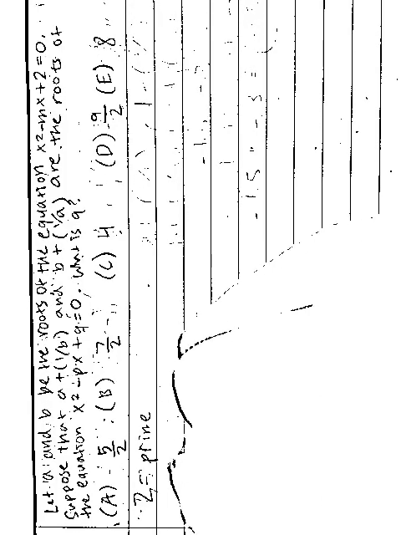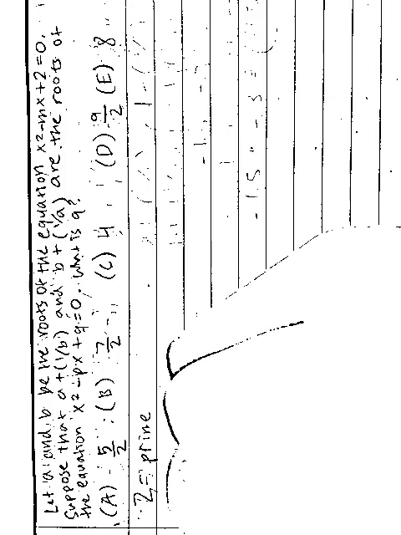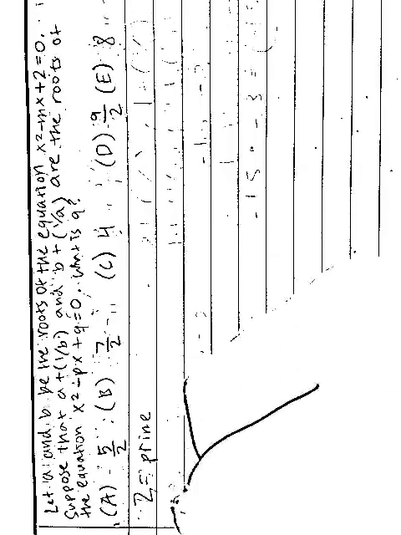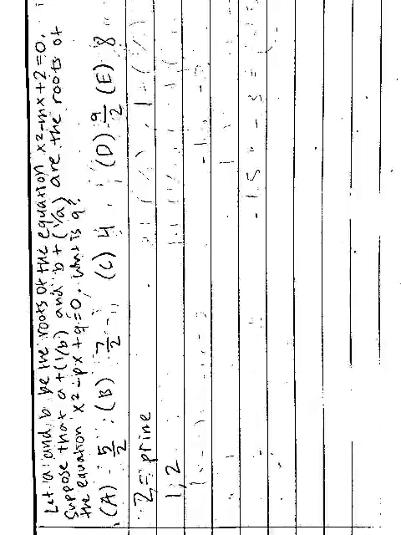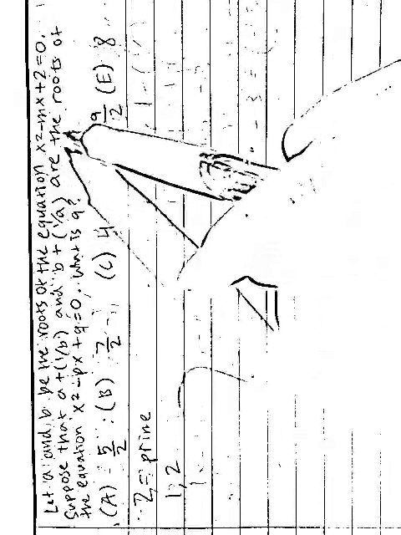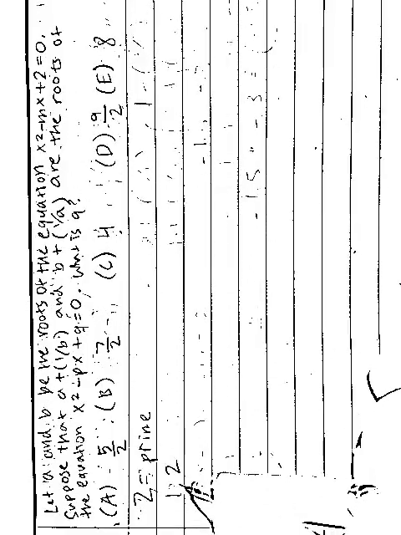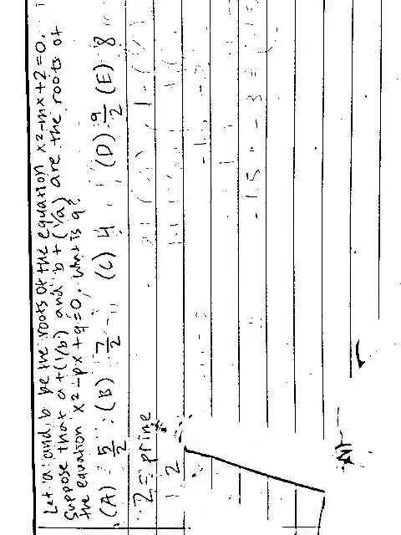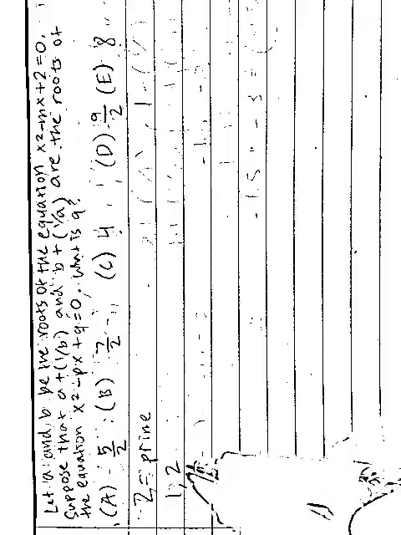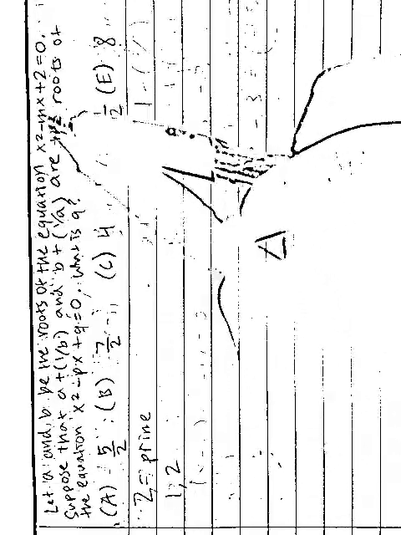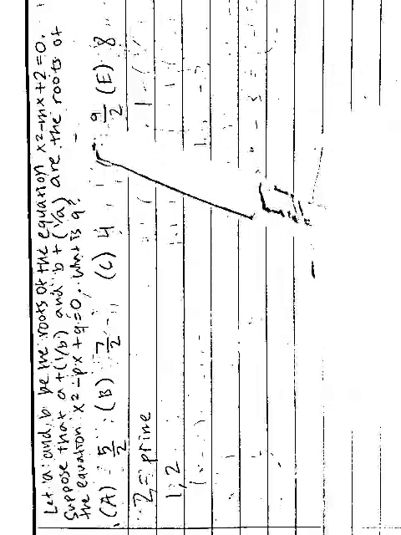So the only two numbers that can be multiplied to equal 2 are 1 and 2. So the roots of the equation could be 1 and 2. However, 1 and 2 added together does not equal a negative number, which is negative over here.